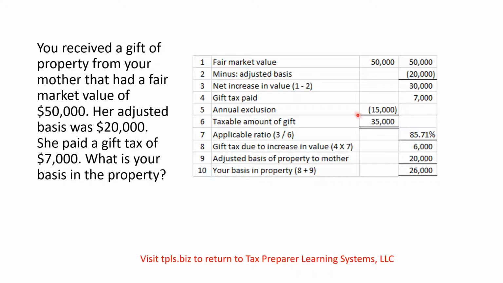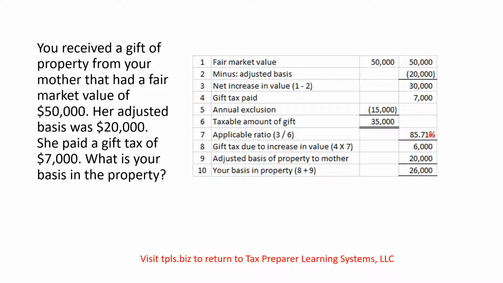We need to consider the annual exclusion. And at this point in time, the annual exclusion for gifts is $15,000. So take fair market value, subtract $15,000, and we come up with a taxable amount of the gift of $35,000. We then take the net increase in value, $30,000, divide it by $35,000 to come up with 85.71%.